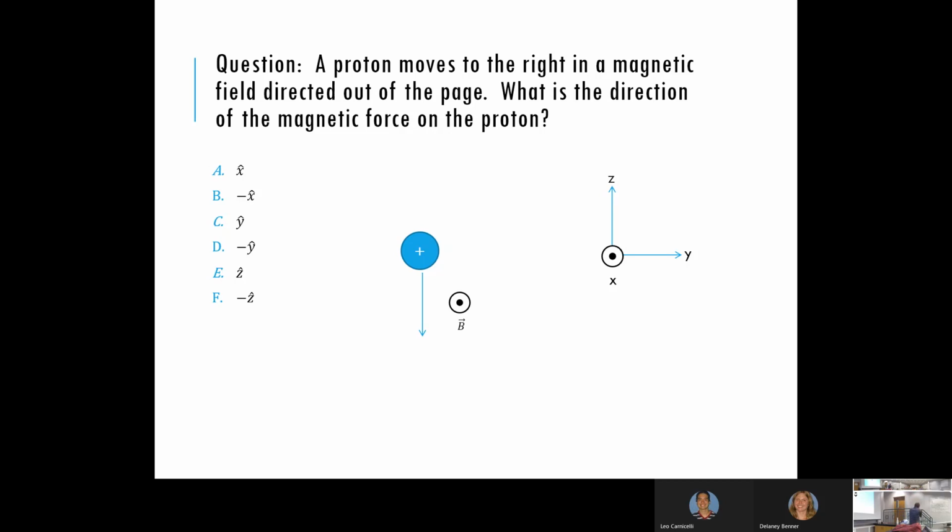So when a force is parallel or anti-parallel to the direction of motion, the magnitude of the velocity changes, but not the direction of the velocity.